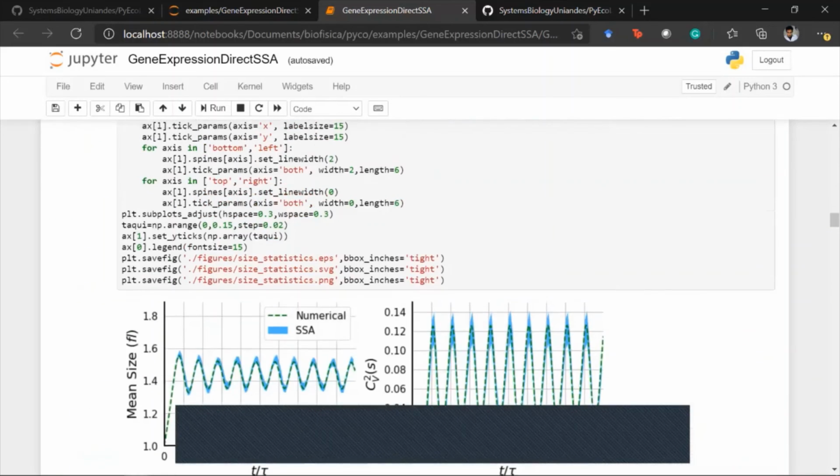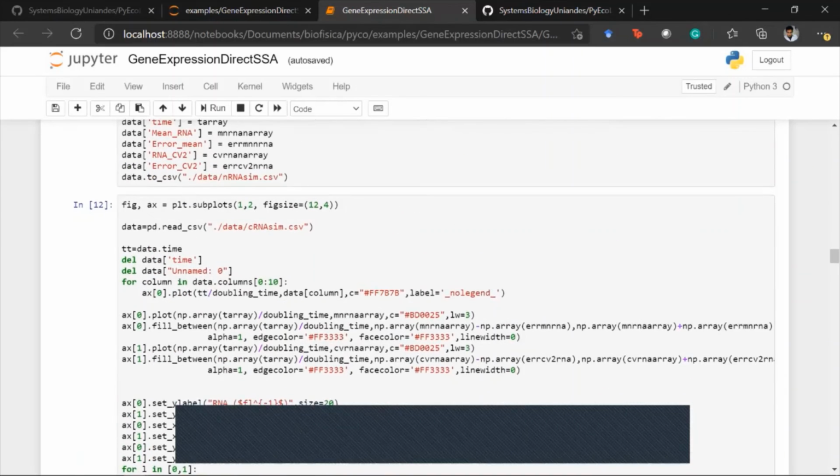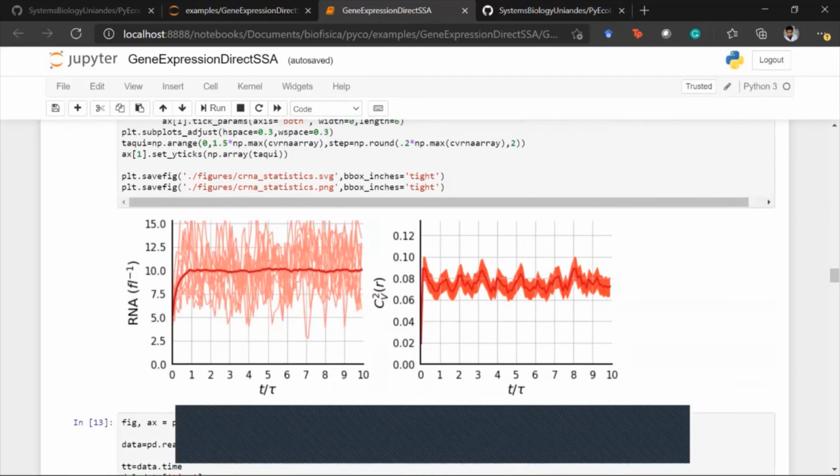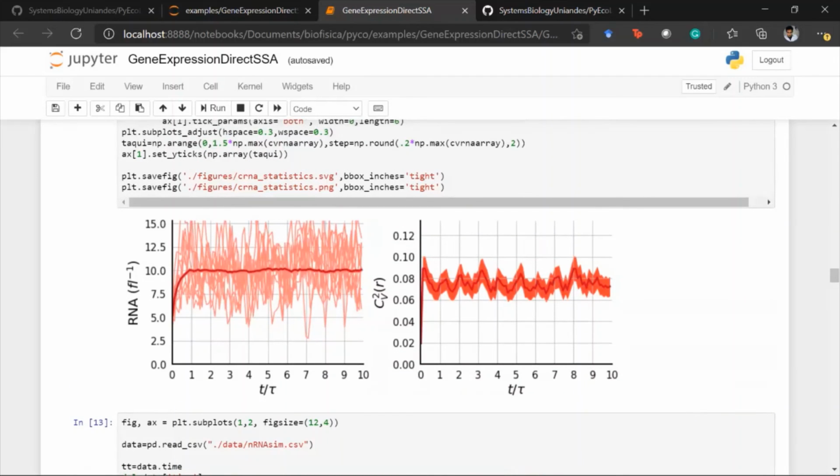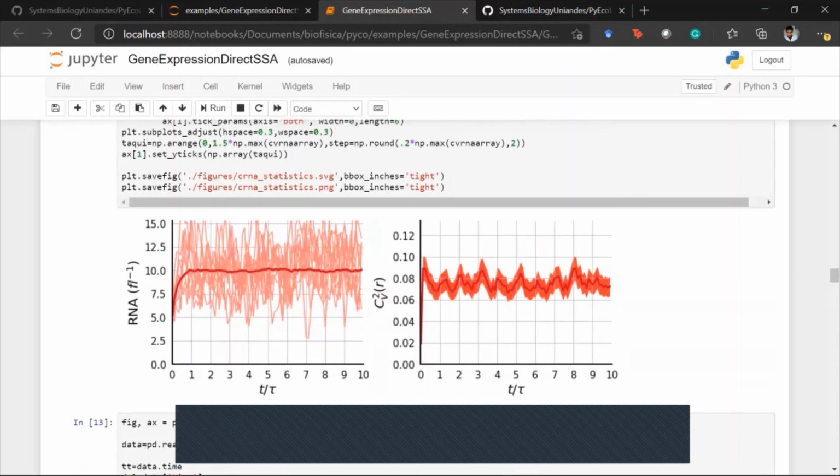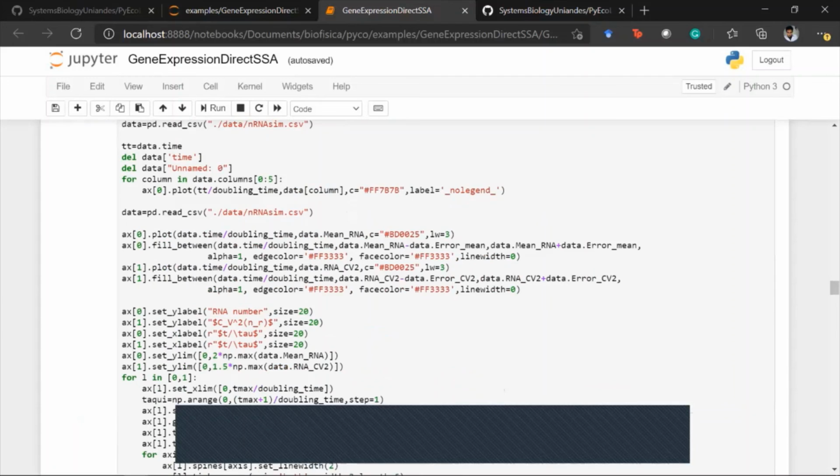You can obtain here, for instance, the size dynamics, the dynamics of the RNA concentration. This is the dark red solid line, and some pink or pale red trajectories, and the CV square, how this looks like. You can see here some oscillation of these CV squares.